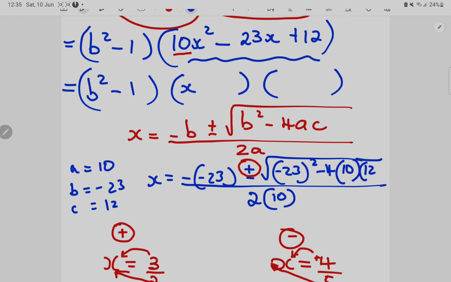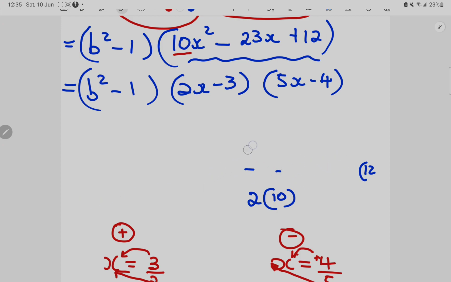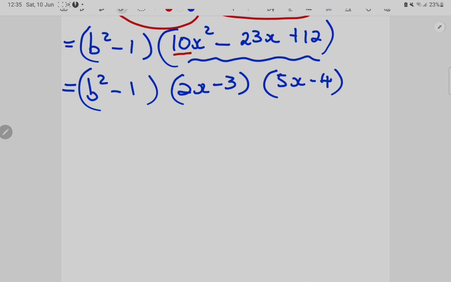It's going to be 2x minus 3 and 5x minus 4. Let's clean up this one so that we can clearly see what is going on here. So this is for our calculations. Okay, now we can proceed.